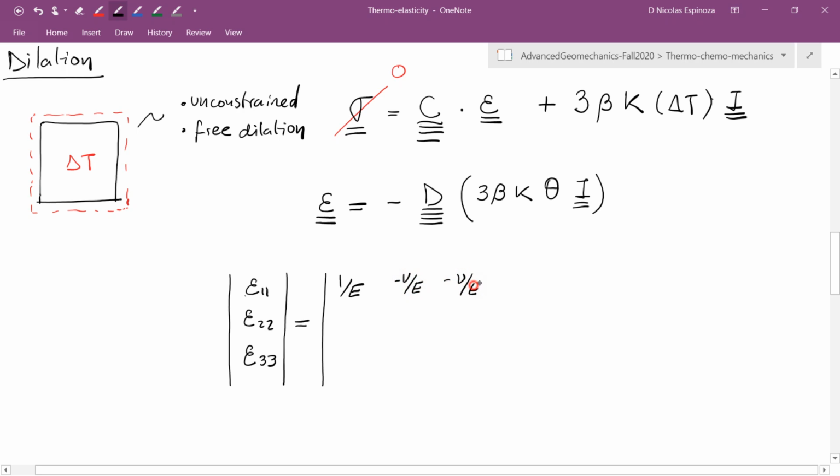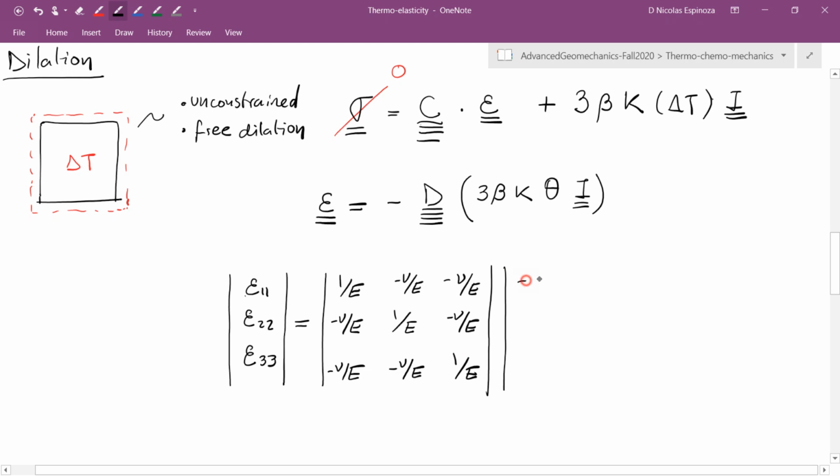So this is the compliance matrix. By the way, you could extend this also to an anisotropic solid.